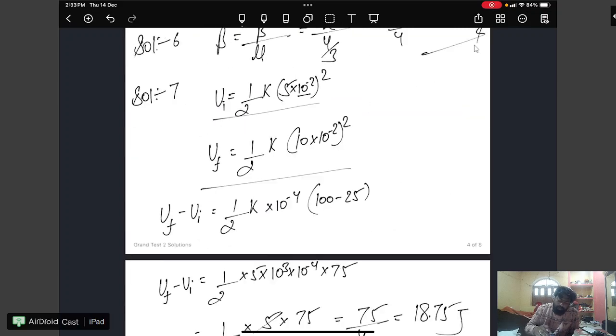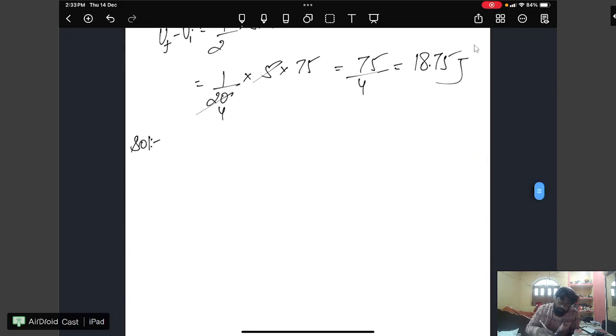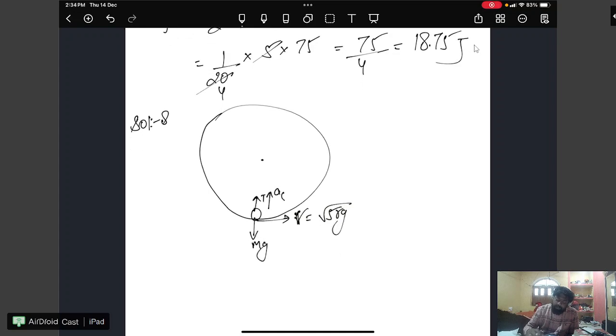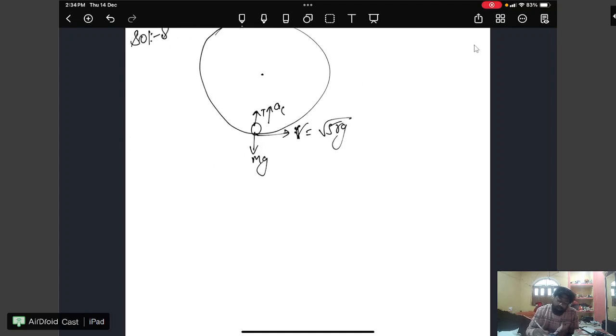So Bob is here in the lowest position, mean position. At the lowest position, speed is root 5 gr, v equals root 5 gr. Tension here, mg here, and centripetal acceleration toward the center.